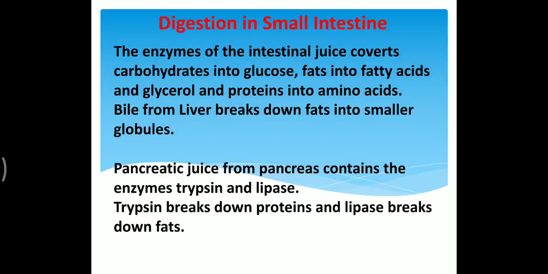Please remember all these enzymes and on what type of food they act. Trypsin breaks down proteins and lipase breaks down fats. Bile is already working on it, making the fat into small globules. Again, lipase further breaks down the fats.